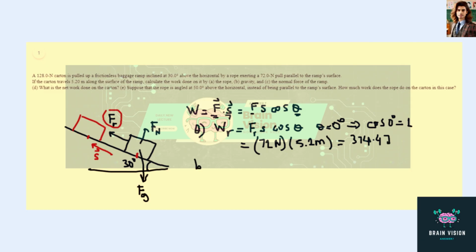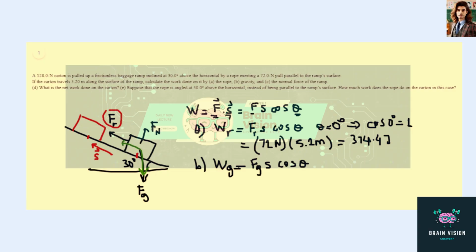Now in part B, we are asked to calculate the work done by gravity. That's going to be equal to the magnitude of the gravitational force times the magnitude of the displacement vector times the cosine of the angle between F sub G and S. Going back to the free body diagram, this is the direction of the gravitational force.